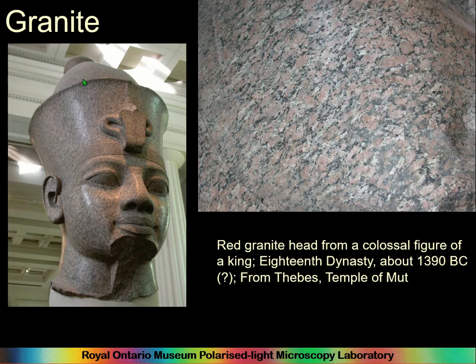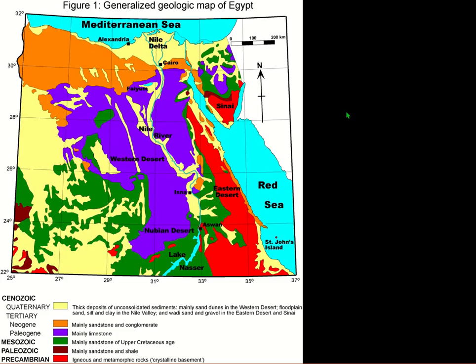This is this very big head at the British Museum, and this is a close-up of it. So this is Egypt, as I have told people before, mostly in other courses about the archaeology of stuff.